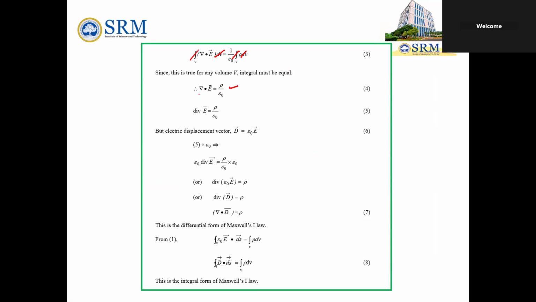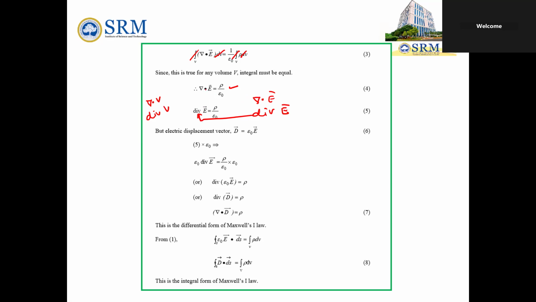Now, divergence, you know very well, is del dot V, which we write as div V. Here we have del dot E, therefore we will write div E vector. Just don't put the dot.